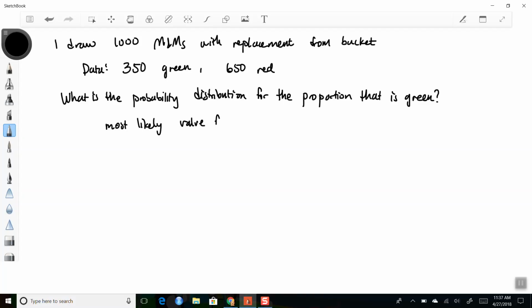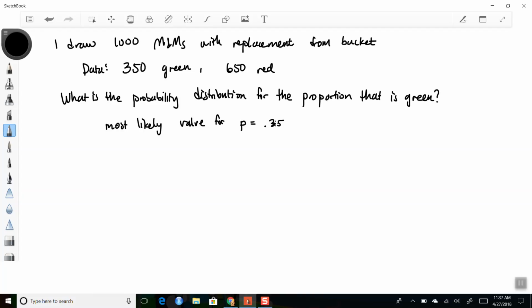Most likely value for P would be what? Something around 0.35, okay? And what do you think is a window of possible values of P? We'd probably say, based on the data I've seen, I'm only going to believe that P is some value between 30% and 40%, right?